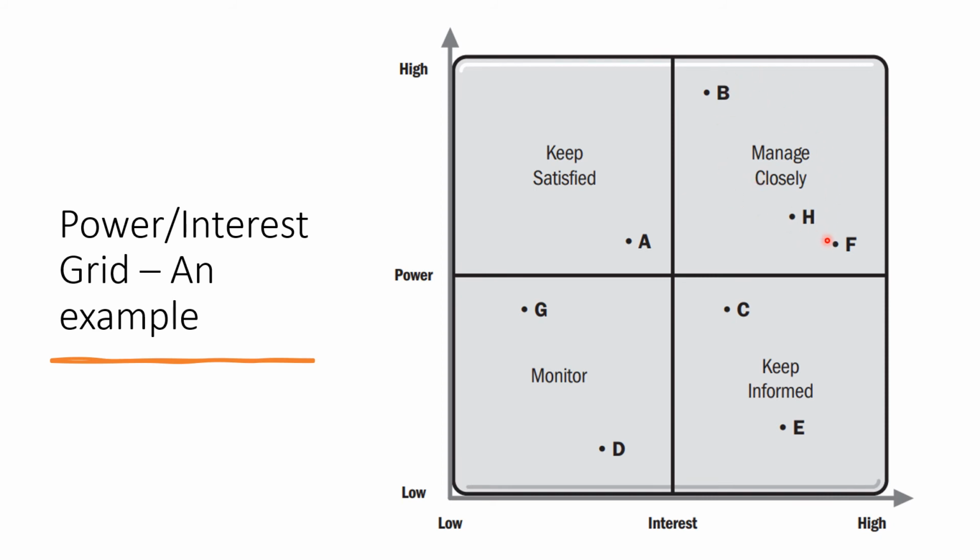If the interest is high but the power is low, then you keep them informed about the activities that are happening. If power is high and interest is low, keep them satisfied. And if both are low, you can monitor them. These are the mechanisms with which you can do the analysis and accordingly respond to your stakeholders.